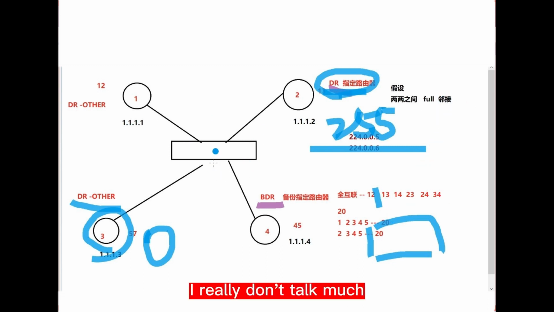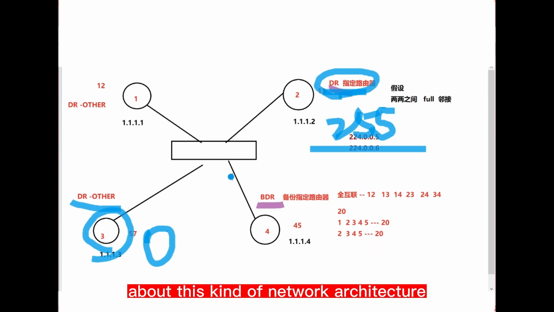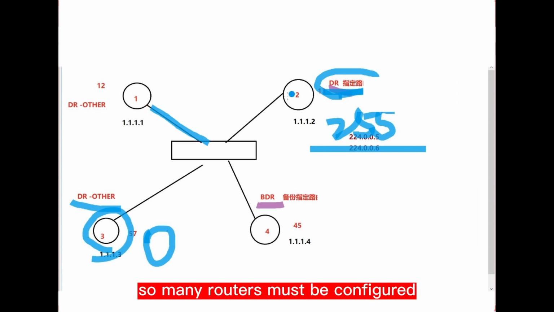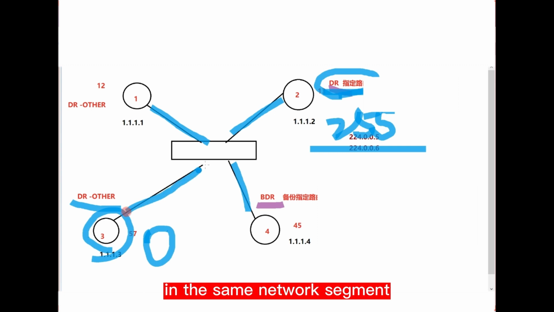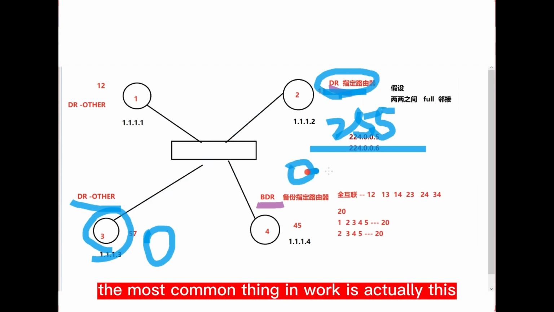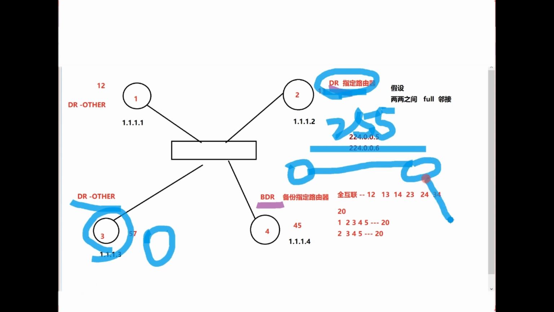I really don't talk much about this kind of network architecture, because in actual work it is not often seen. I'm telling the truth, at work you will rarely see so many routers configured in the same network segment.